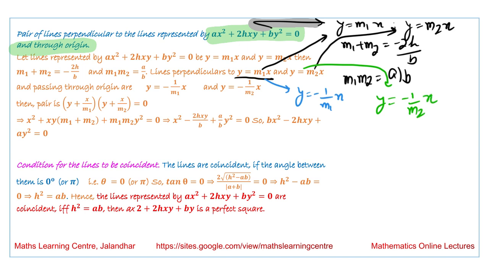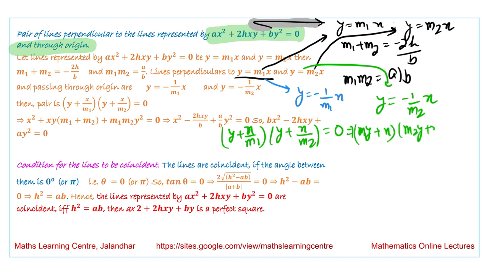So if we write the combined equation, we obtain y plus x by m1 into y plus x by m2 is equal to 0. If you multiply these terms, we obtain m1 y plus x into m2 y plus x is equal to 0.